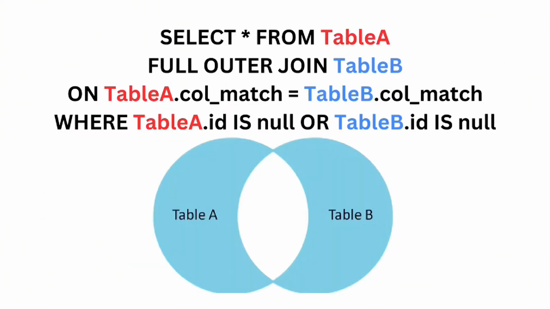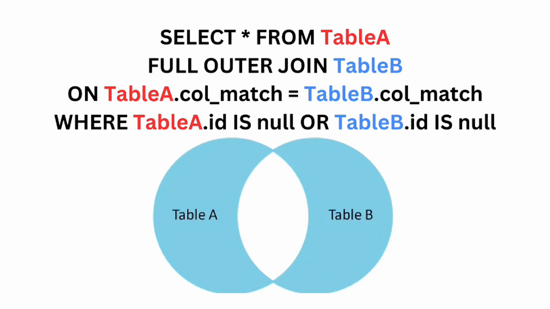The way this works is we say the following. We'll say select everything from table A with a full outer join on table B on table A dot column match is equal to table B dot column match. That's what we had last time, and that filled in the entire Venn diagram, including the intersection. However, we're going to add in a where statement to qualify it a little further. This is going to add in the statement where table A dot ID column is null or table B dot ID column is null.